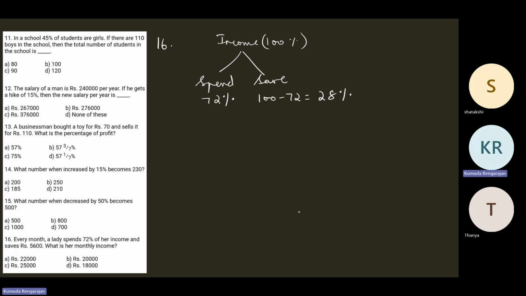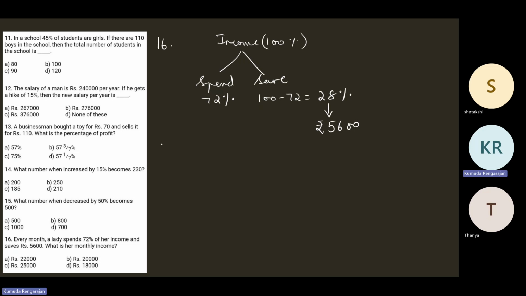Income is 100%. You spend and you save the remaining. So the two parts of the income are spend, that is expenditure, and savings. Spend is 72%. So save is 100 minus 72, 28%. Now, what is 5,600? She saves 5,600. So this one is equal to rupees 5,600.